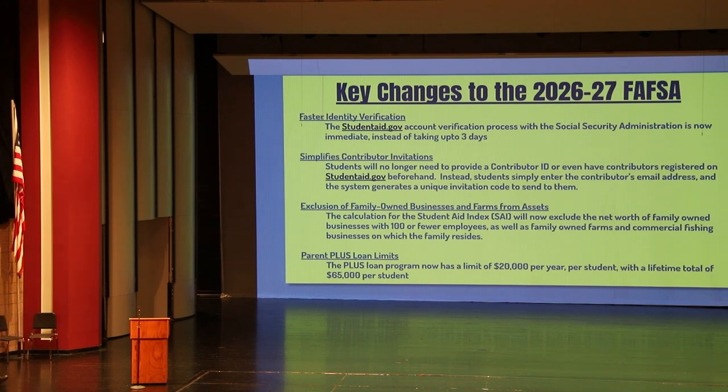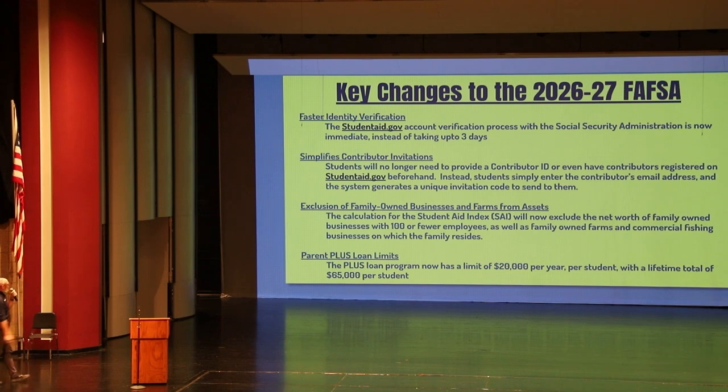They had to verify your identity, and you couldn't create an account and then go directly into the FAFSA, or if you did, there'd be some hang-ups. But now, you don't need that 3-day or longer wait to verify your identity. So you can just create an account and move directly into the FAFSA. It'll be very streamlined. So that's one definite improvement.